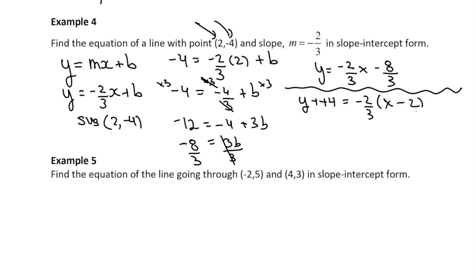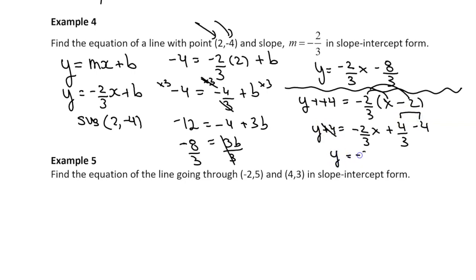Based off of this, we could distribute, and we could say y plus 4 equals -2/3 x plus 4/3. And then we could subtract 4 onto the other side, and you'd want to get some sort of common fraction for your y-intercept right here.